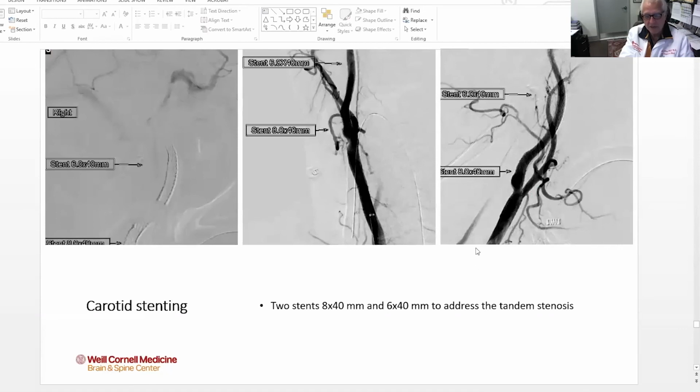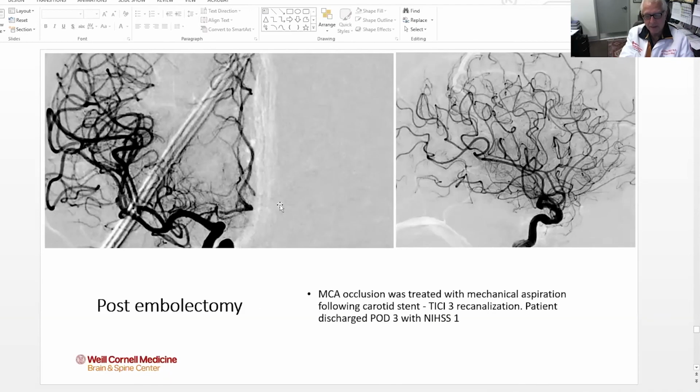So a stent was placed across the origin, and now you can see that the vessel is acutely dilated. With the embolectomy, we've taken it from a string sign with no flow to a completely patent middle cerebral artery. The patient was discharged on postoperative day 3 with an NIH stroke score of 1.